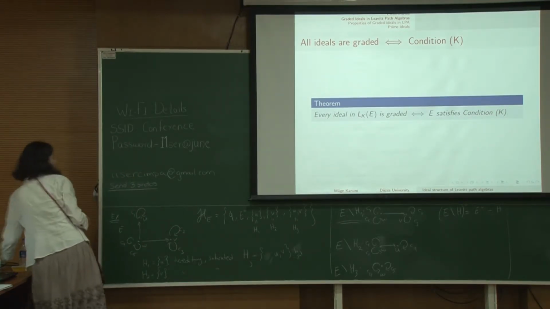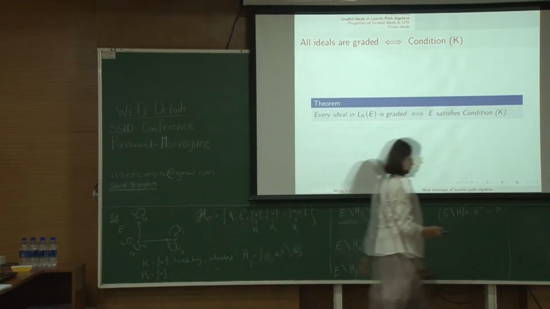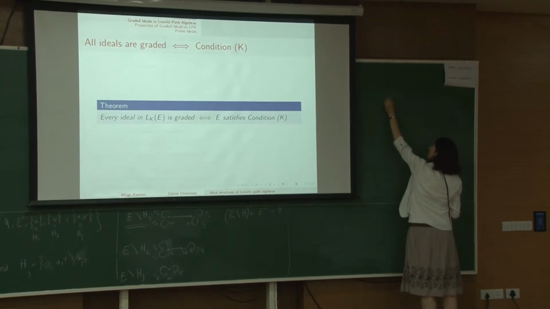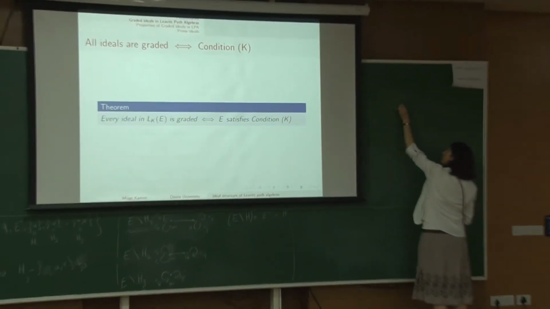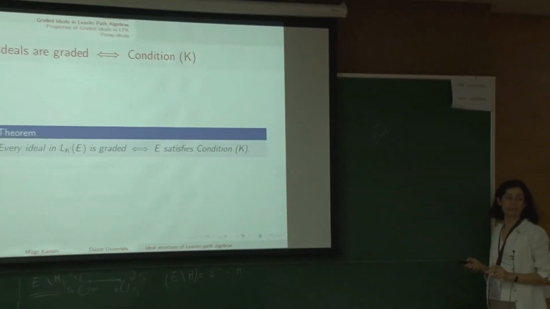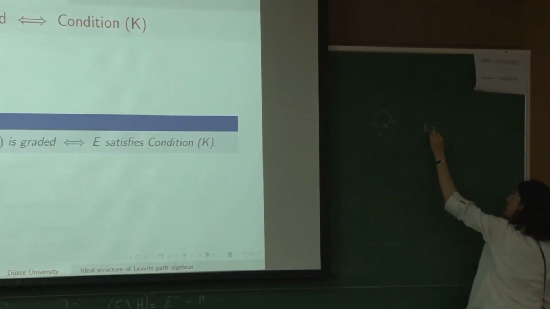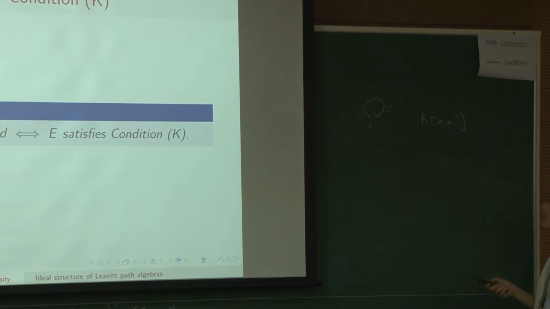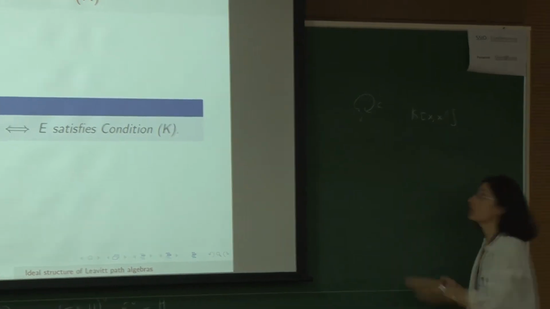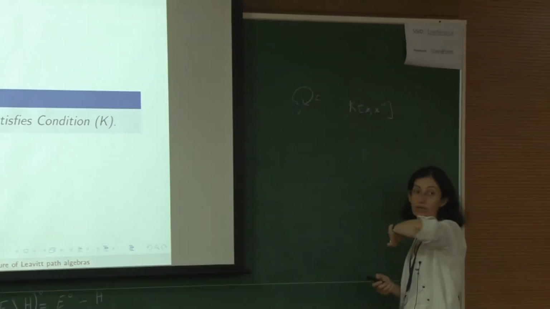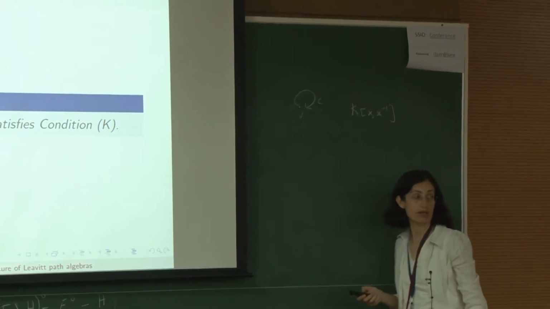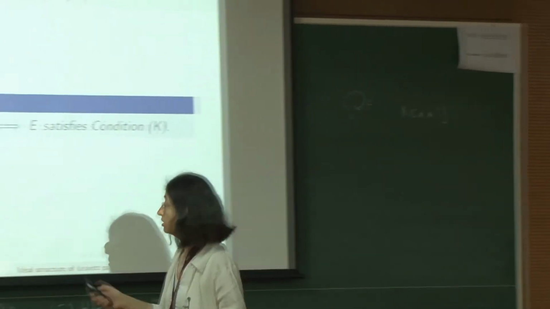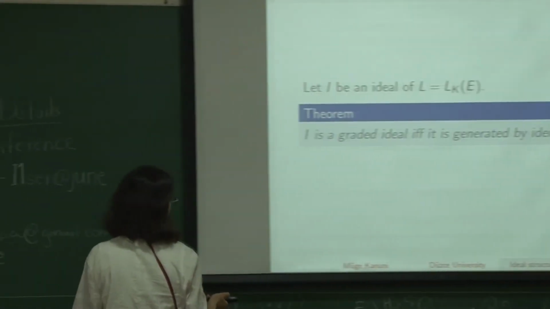So trivially, you can see that this graph, K[x, x inverse], which we know has non-graded ideals, does not satisfy condition K. It has only one cycle, one loop, and it does not have an exit. Okay, it doesn't have condition K, so it has non-graded ideals.